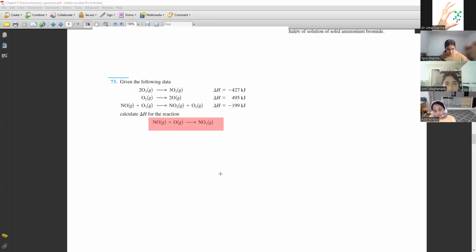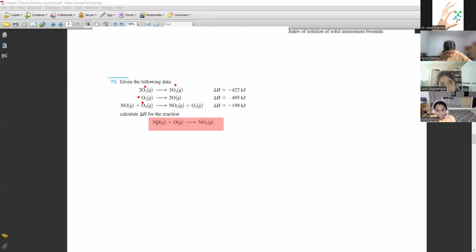Like here, what particular thing is present in multiple reactions? Can I say O3, O2? So do not worry about them. Okay, just start working.